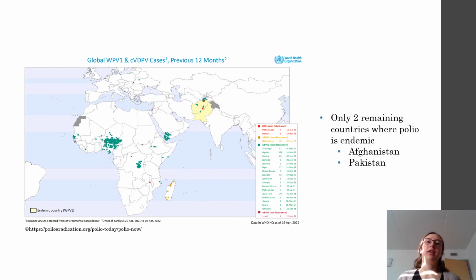However, they are currently fighting this vaccine-associated paralytic polio by switching from a trivalent oral polio vaccine to a bivalent oral polio vaccine. So they're only including serotypes 1 and 3 in the polio vaccine. And this is because serotype 2 is the one that is most likely to revert to being a contagious and infectious type of polio.